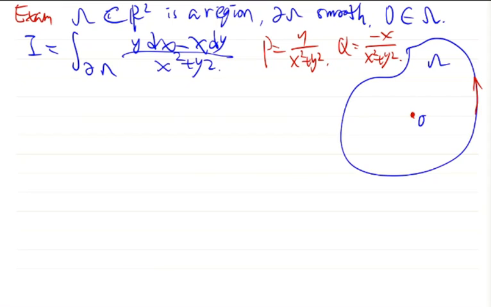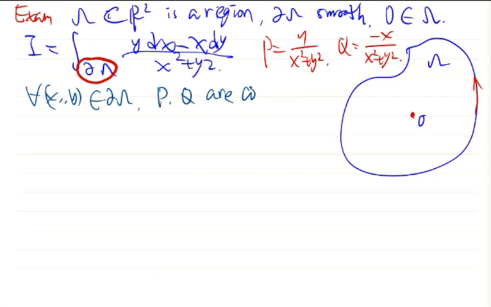And moreover, 0 is a point in omega, and we are integrating along the boundary of omega. So for any x, y on the boundary, P and Q are continuous. The two functions are not continuous at the origin, but the origin is not a point on the boundary.